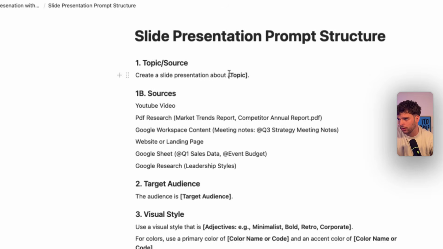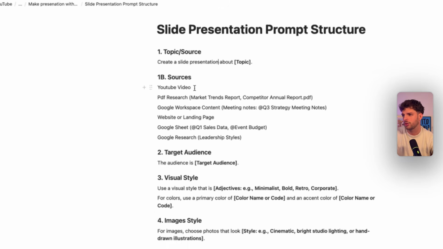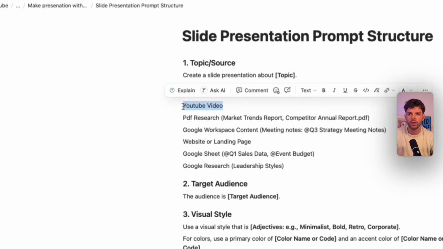Please note that for the topic, you can select several different sources. You can either describe in text everything you want to have in your presentation, but you can also create a presentation starting from a YouTube video, a PDF research which you copy paste inside the chat, or anything which you have in your Google Workspace.